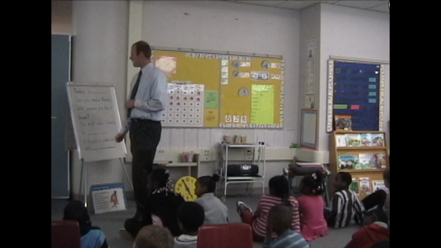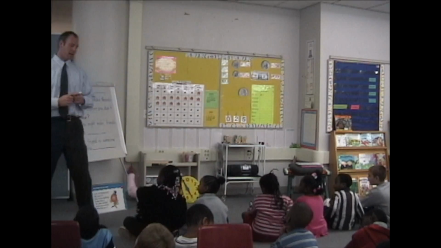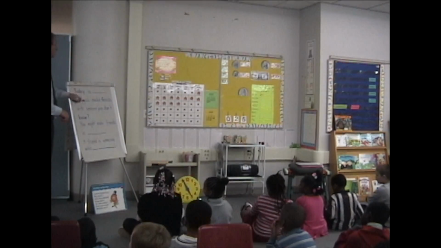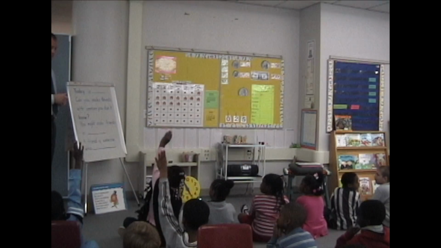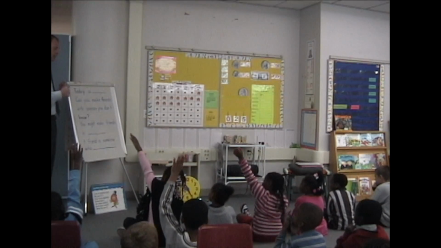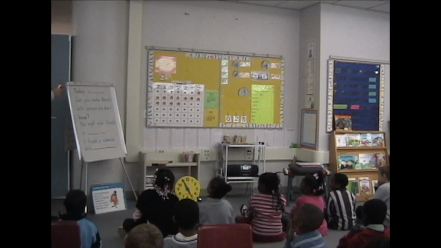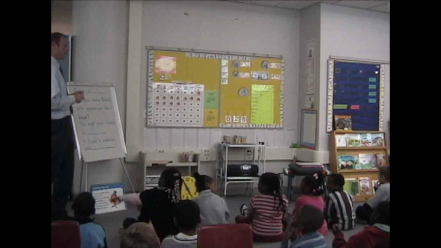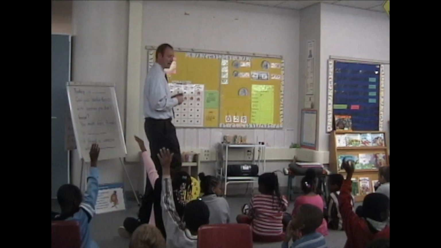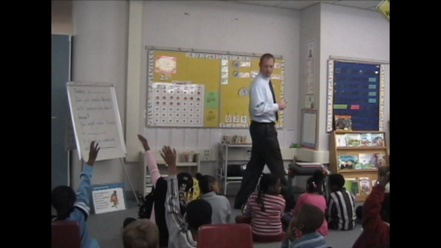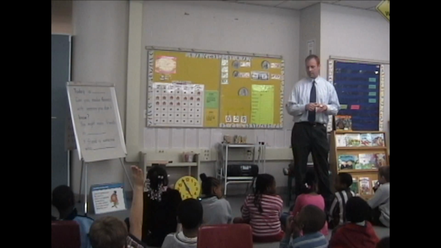So today we're going to talk a little bit more about friends, but I need someone to help me out and tell me what today is. Nate. It is the month of October, but what's the day of the week? Tiana. Wednesday.